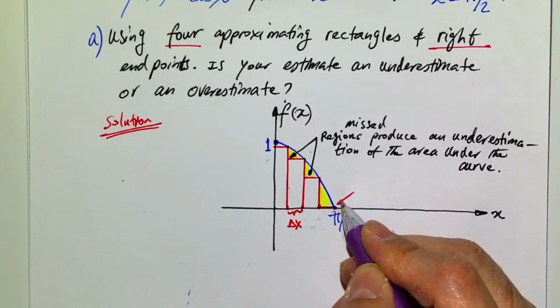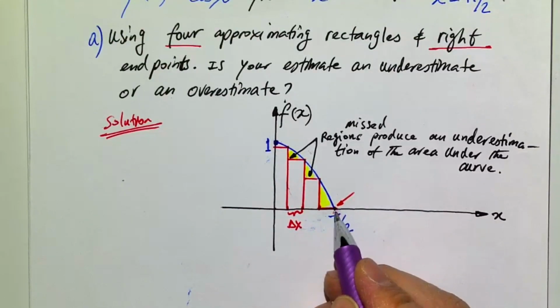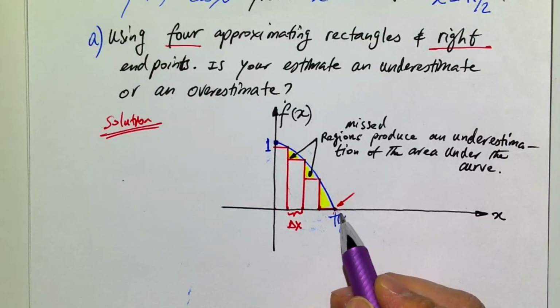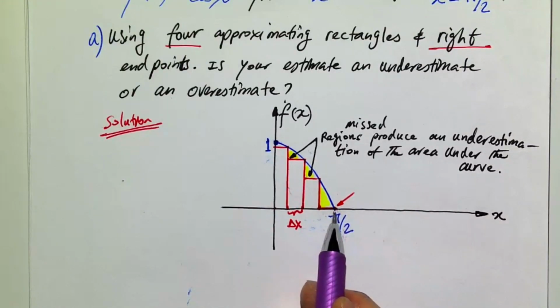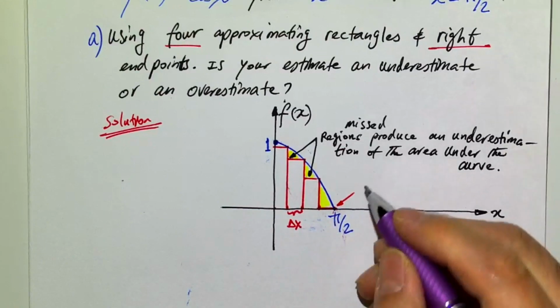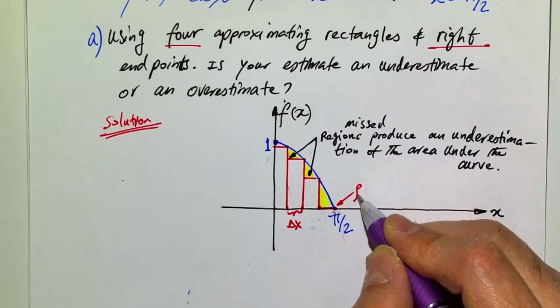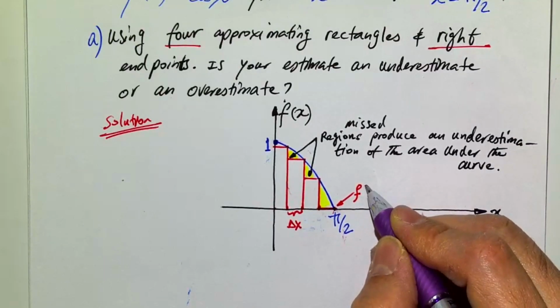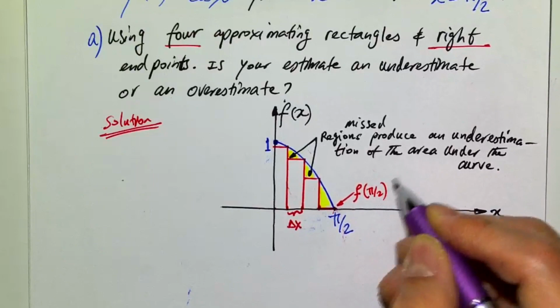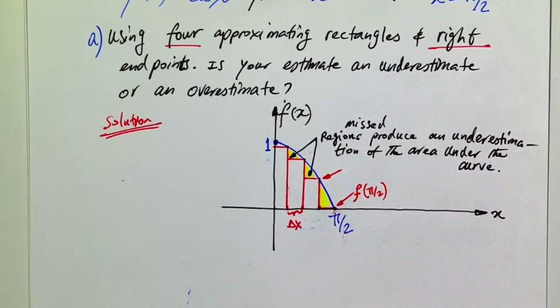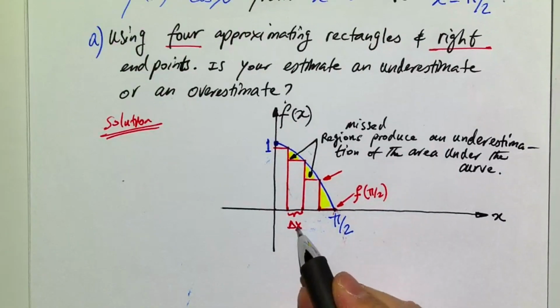So here, there is a rectangle, but it has a height of 0, right? Because it sits right on pi over 2. So the value of the function here is f at pi over 2, which we know would be 0. By the way, let's figure out what that delta x is.